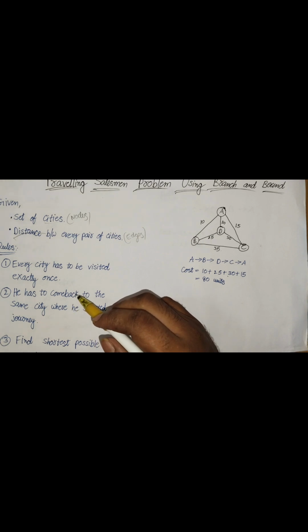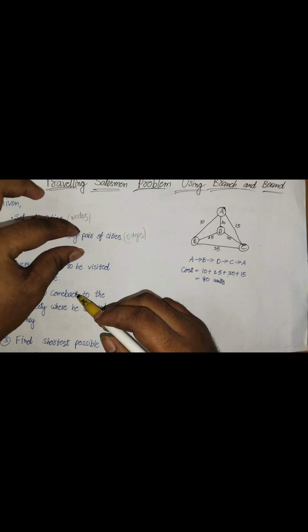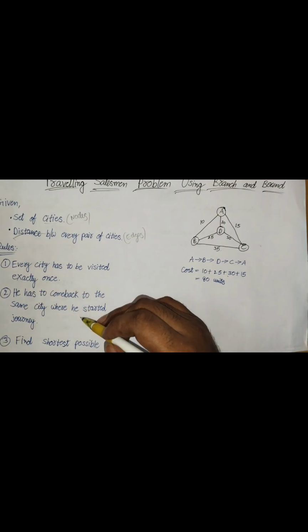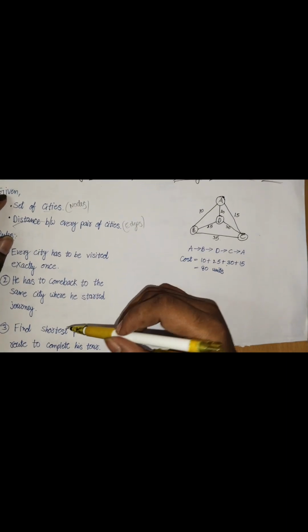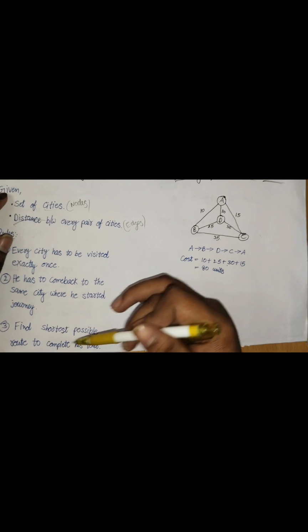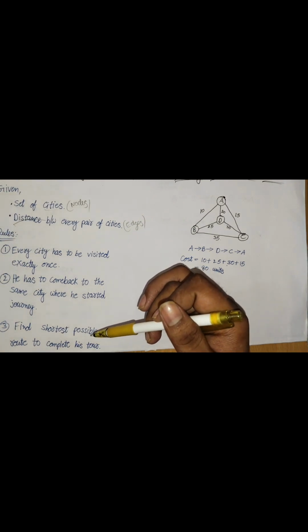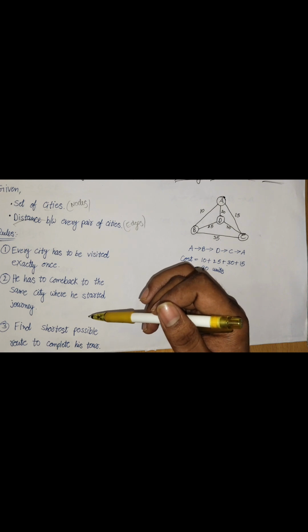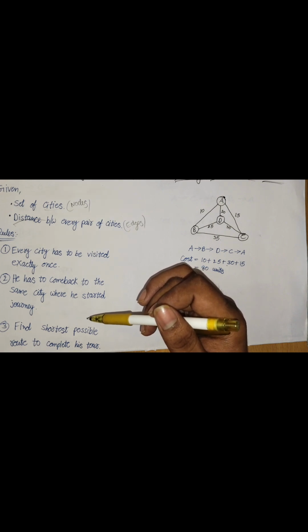Of course, he has to return home after his journey. And the third rule is we have to find the shortest possible route to complete his tour. There are many routes possible in the given graph, but we have to find the shortest possible route.